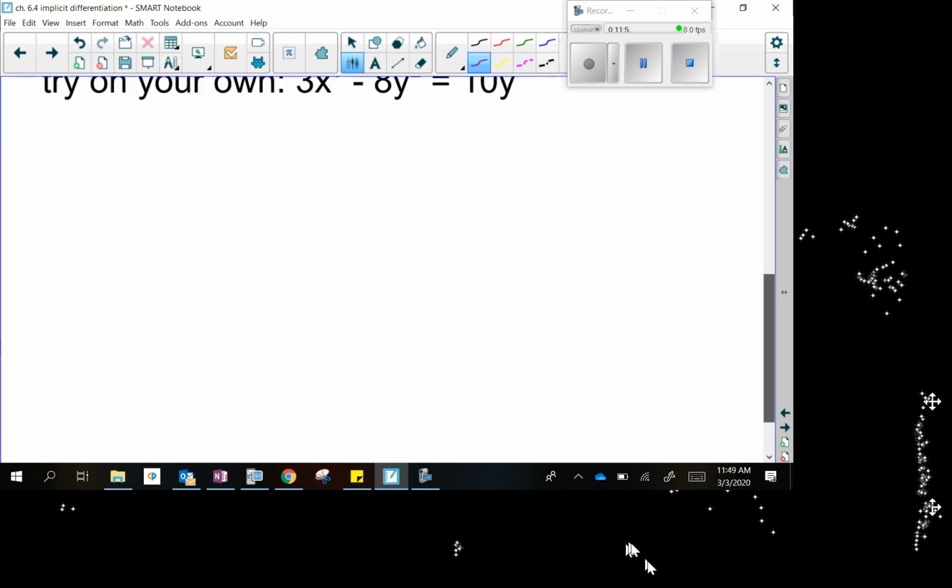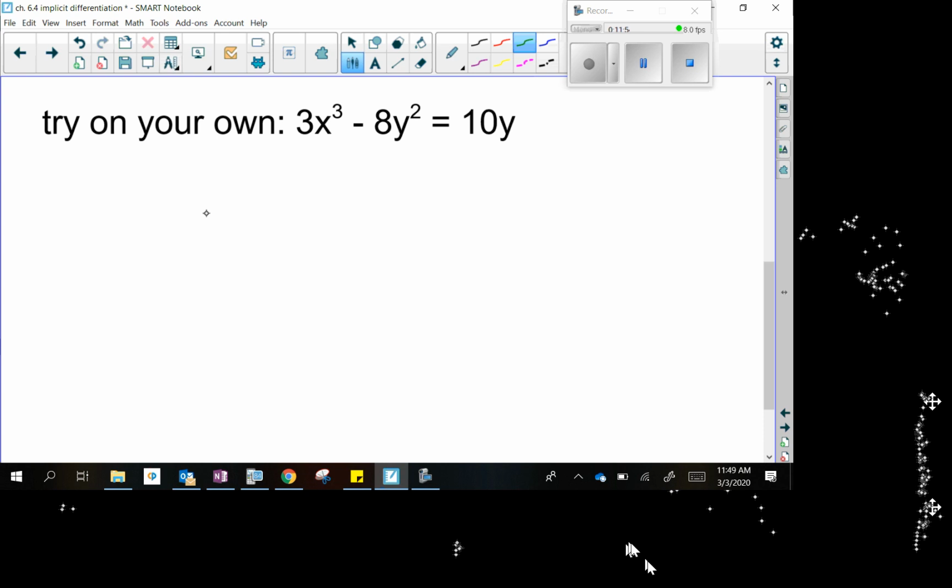Okay, so again, we take the derivative, so we get 9x squared, right? And then minus 16y dy dx. Everybody with me?